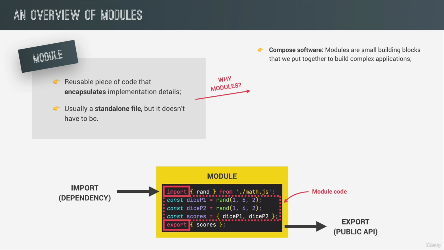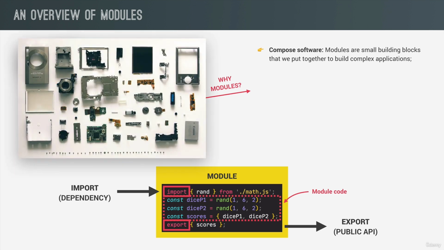So let's take this digital camera. You can see that this specific camera is basically made up of all these modules that we can see here. And this is exactly how we can compose software using modules as well. Another big advantage of these camera modules is that each of them can be developed in complete isolation.